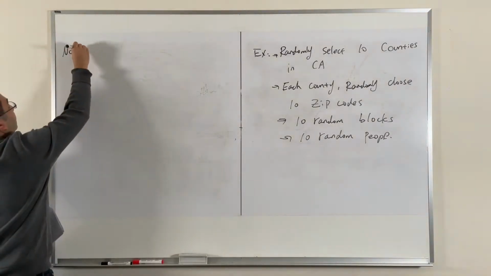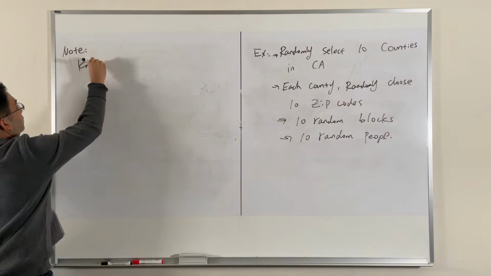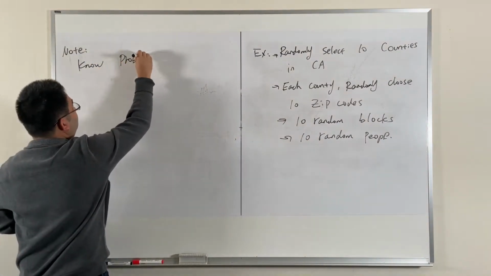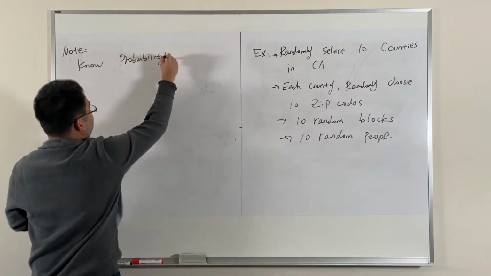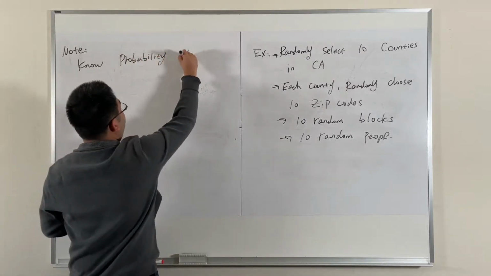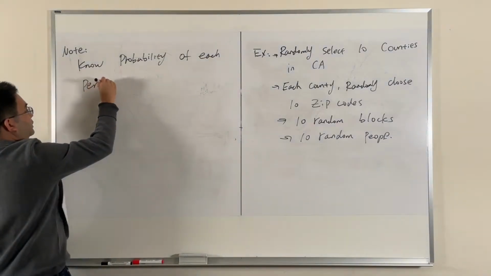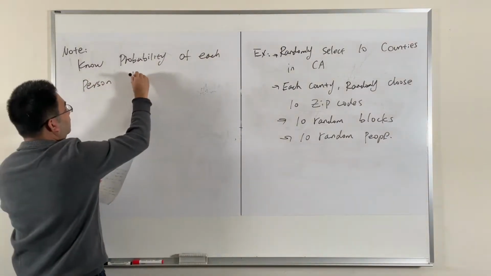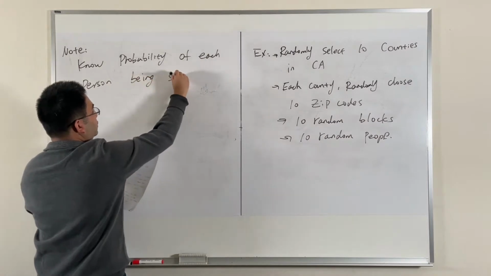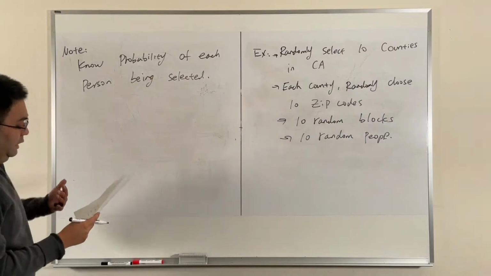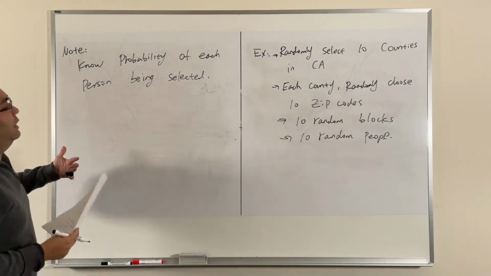Note that in this case, we know the probability of each person being selected, so we're able to make adjustments.